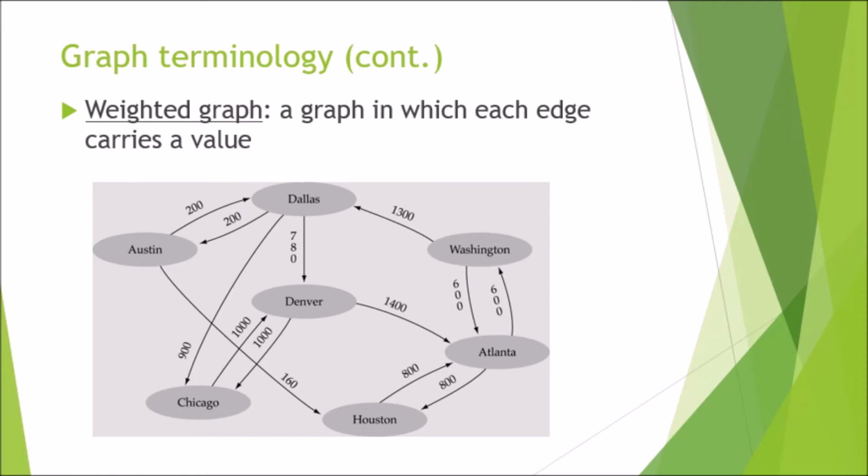This value may be distance, may be time, may be the fuel, may be any cost that is taken up by traveling between these two cities. Here in this example, this is distance. So when we say that I have to travel from Austin to Houston, then it will take me 160 kilometers or miles from Austin to Houston.